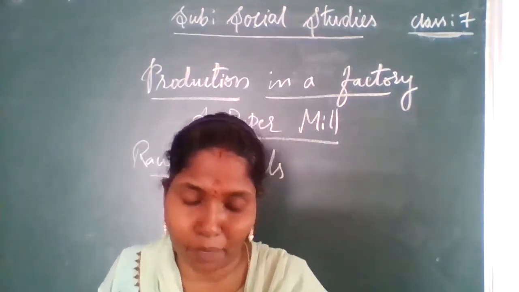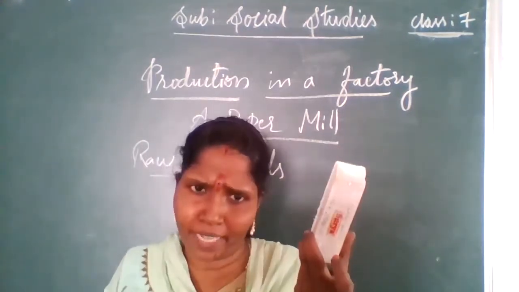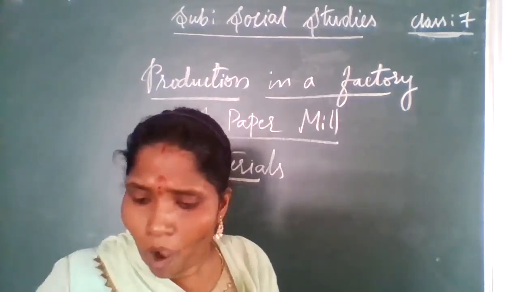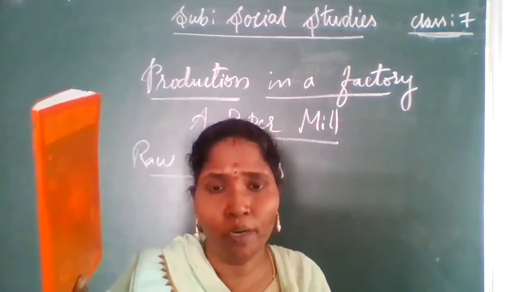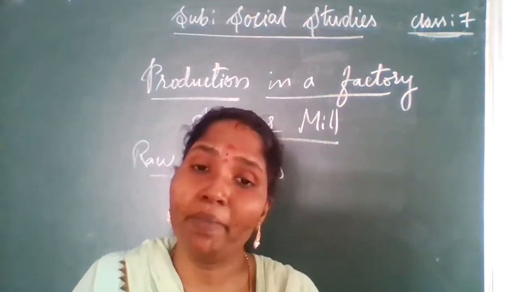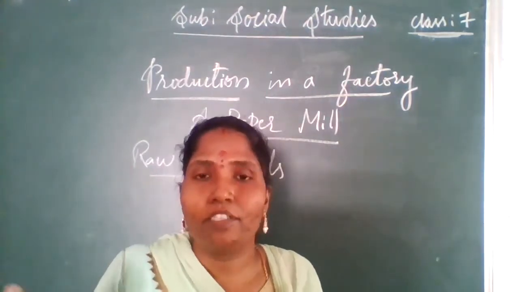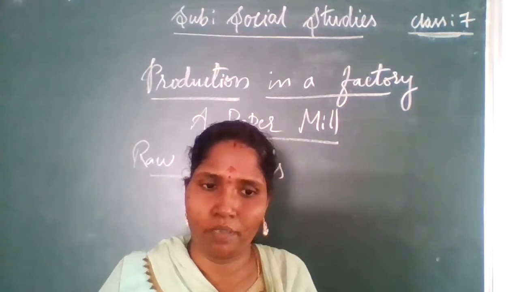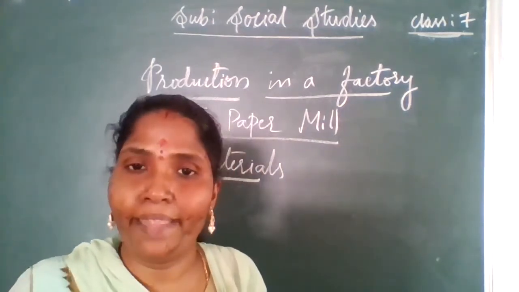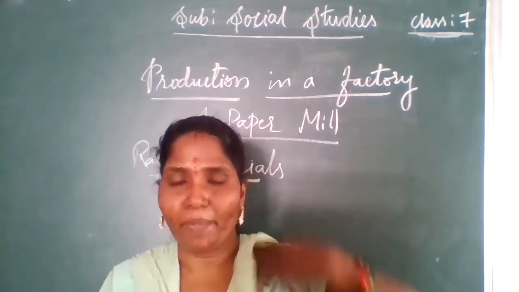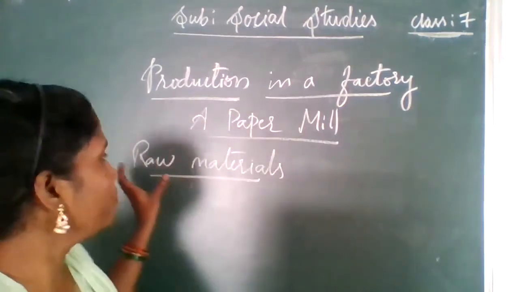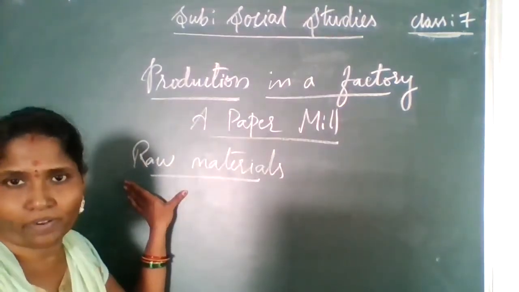A good is anything, maybe a duster, or a book, or a chalk, isn't it? All these are goods. In order to prepare them, we need the required materials. Those materials we call raw materials, right?